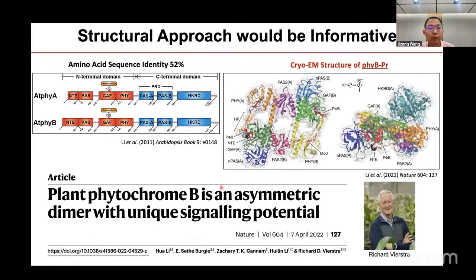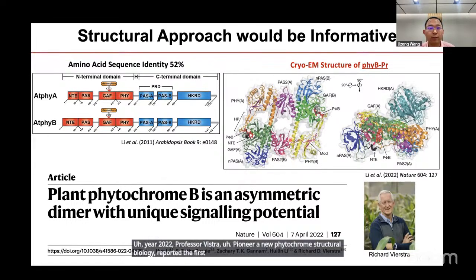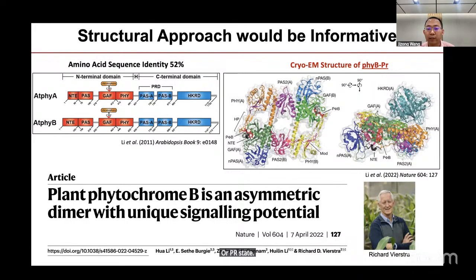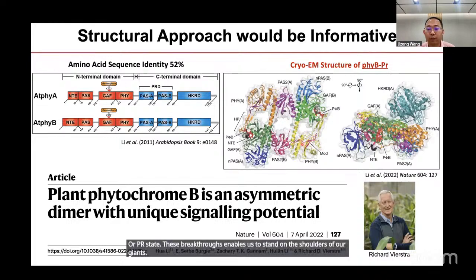In 2022, Professor Wysocki, a pioneer in phytochrome structural biology, reported the first full-length structure of PHYB in its dark or PR state. These breakthroughs enable us to stand on the shoulders of giants for further phytochrome research.